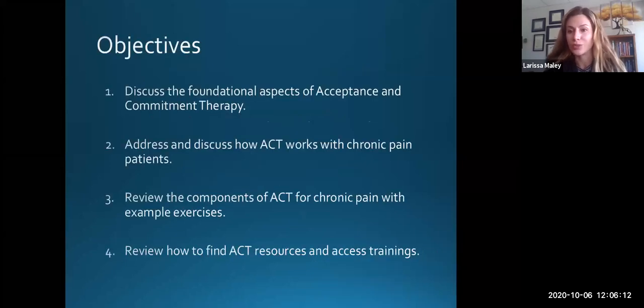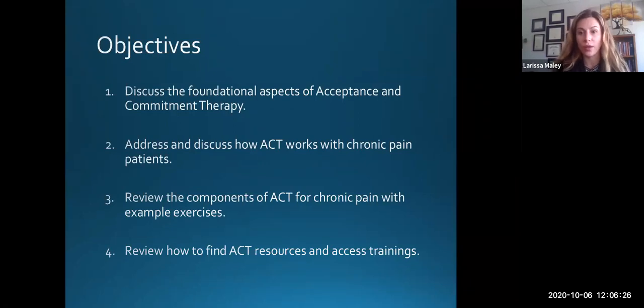other more severe issues. So what I'd like to introduce today, since some people are familiar with this treatment and other people aren't, is to really just give a global overview of some of the foundational aspects of acceptance and commitment therapy, so that you have an idea of what this treatment is intended to provide, some of the theory that's behind it, address specifically how ACT works with chronic pain, and then go through the main components that a therapist would go through if they were using an ACT model to treat a chronic pain patient, with some example exercises.